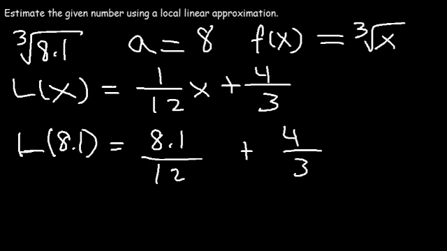Now let's see if we can do this without a calculator. Let's multiply this fraction by 10 over 10. 8.1 times 10 is 81. You just got to move the decimal point 1 unit to the right. And 12 times 10 is 120.